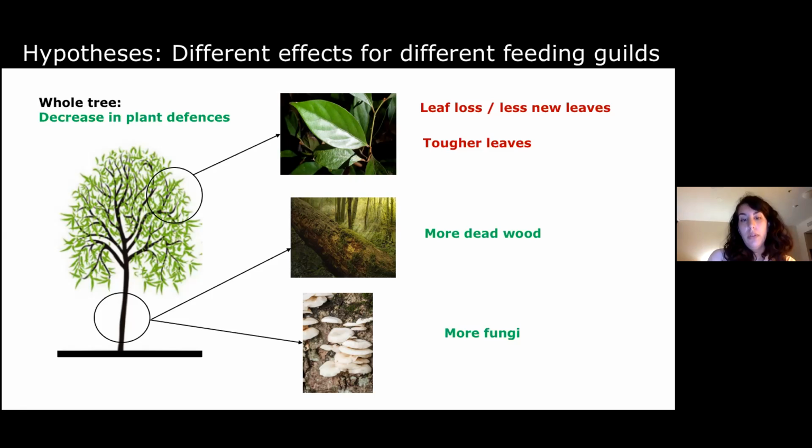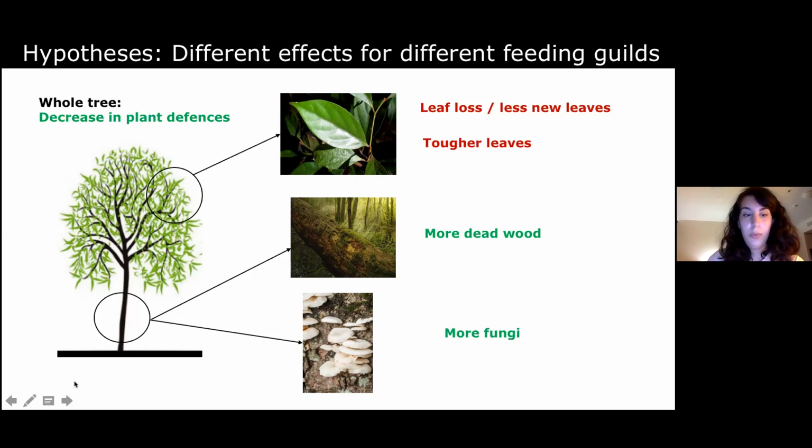But if you look at other things like wood borers and insects that eat dead wood, you do expect that with drought you would have a bit more dead wood, so maybe wood borers would do a bit better. Fungi, I was not 100% sure with that one, but you do tend to have a bit more fungi going on the dead wood, so I was expecting maybe more fungivores.